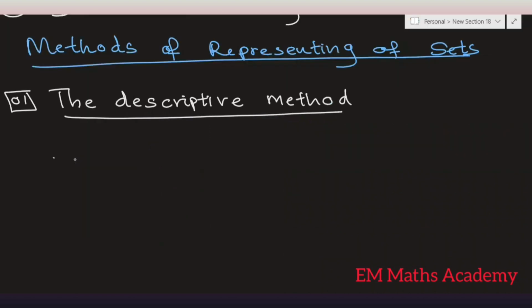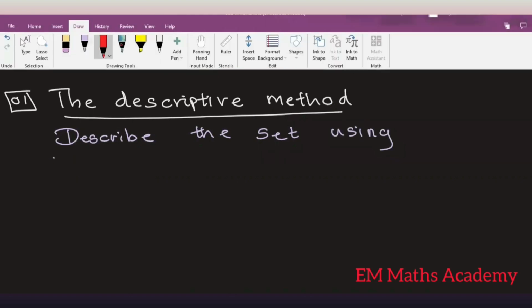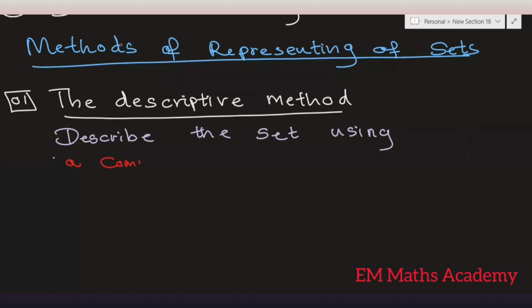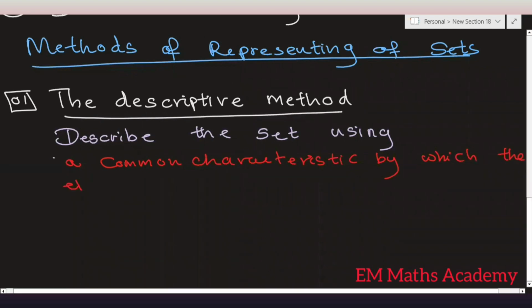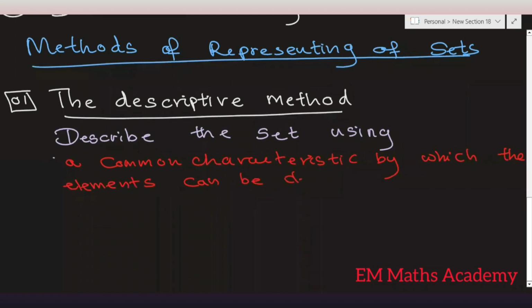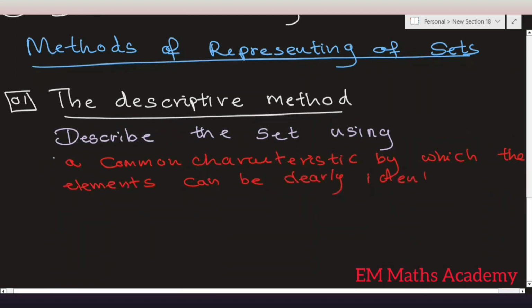Let's write describing. Okay, we describe the set using what? This is important. Using a common characteristic by which the elements can be clearly identified.